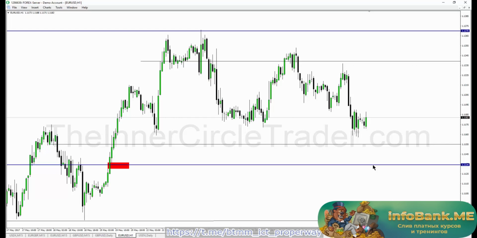But also, we want to be looking at the opening price. When price trades down to this level, we want to be looking at the opening price at 0 GMT and the opening price at midnight in New York. And what we'll be expecting, if we're expecting some measure of bullishness in here, we're going to be looking for what? The open and a very small decline, if at all, after the opening at 0 GMT or midnight in New York on a 15-minute chart.